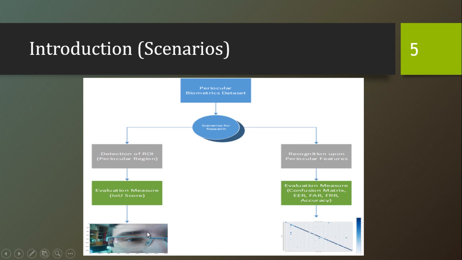Here I have calculated the IOU score for evaluation, to see how well my model is detecting the eyes in the pictures or in CCTV cameras. And then I have evaluated my results by plotting the confusion matrix, and upon that confusion matrix I have calculated the equal error rate, false acceptance rate, false rejection rate, and accuracy.